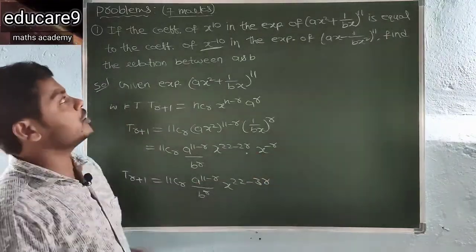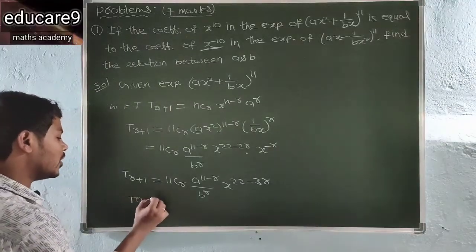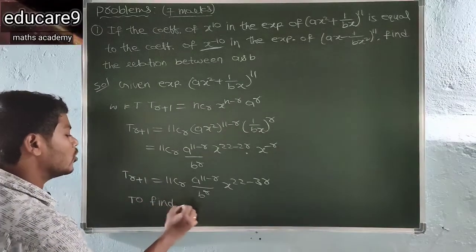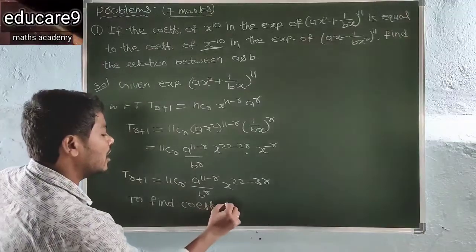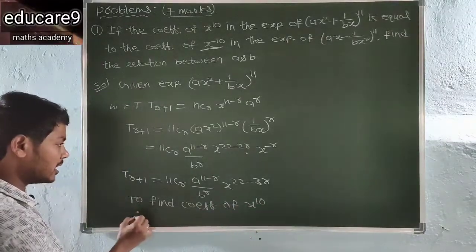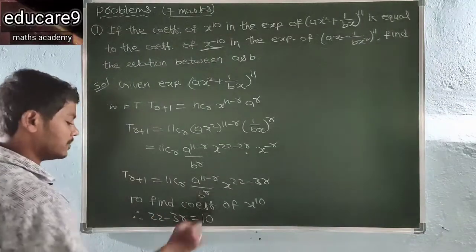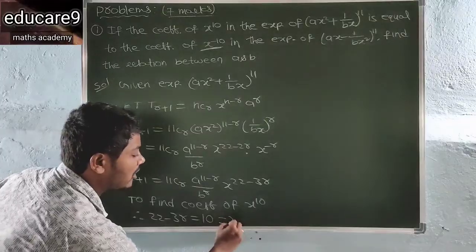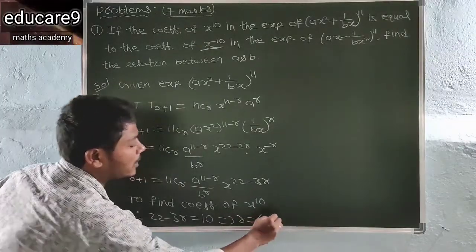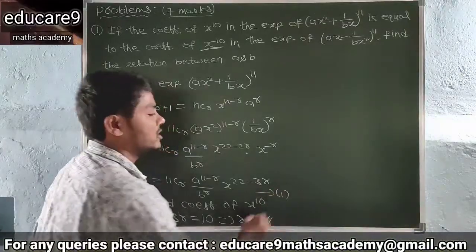So here you find the coefficient of x to the power of 10. For that, 22 − 3r = 10. From this, r = 4. Now substitute r = 4 in equation 1.